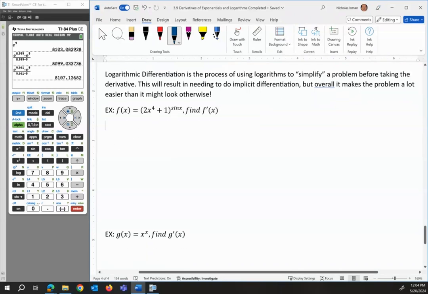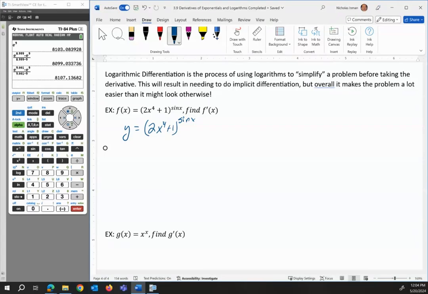But what we can do is this thing called logarithmic differentiation. The idea is we say this is y equals, and we apply logarithms. I take the logarithm of both sides. Now, we're going to use the natural log. As long as we do it to both sides, you can use whatever log you like.